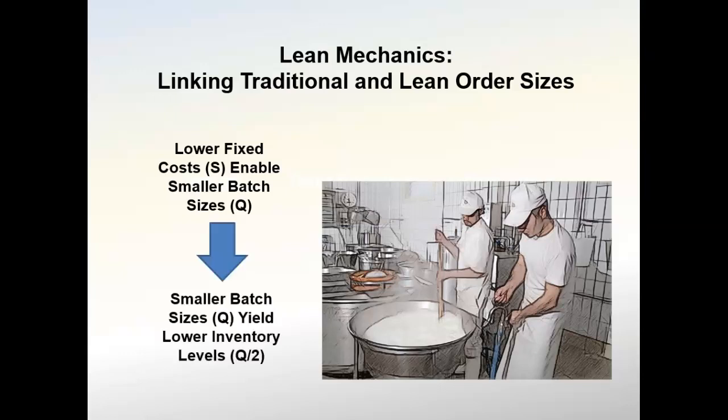So we're going to move on to a lean system requires as little as possible and only when necessary. The ideal lean order size is 1 unit, being the theoretically smallest possible amount of anything that can be acquired.